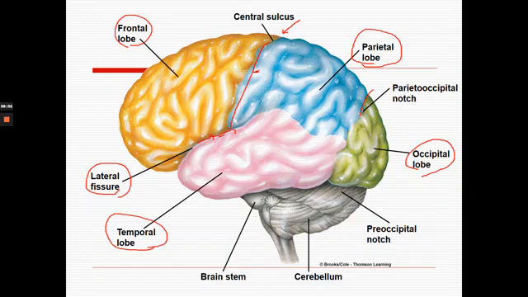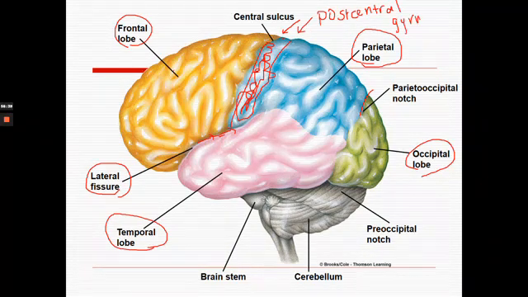Now here, posterior to the central sulcus, this area posterior to the central sulcus, we have what we call the post-central gyrus.